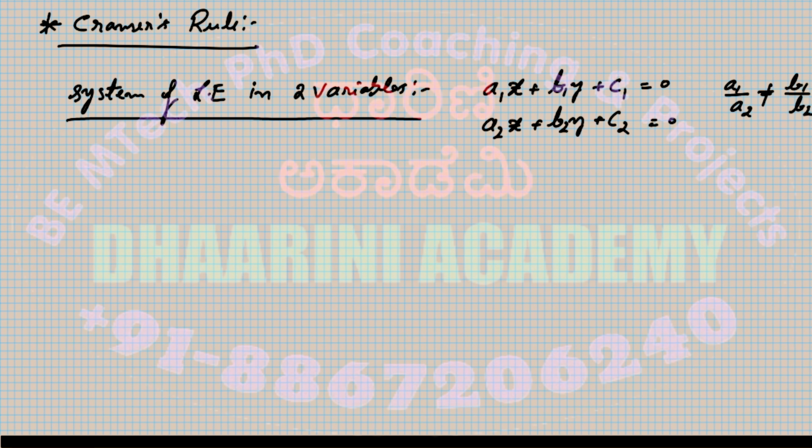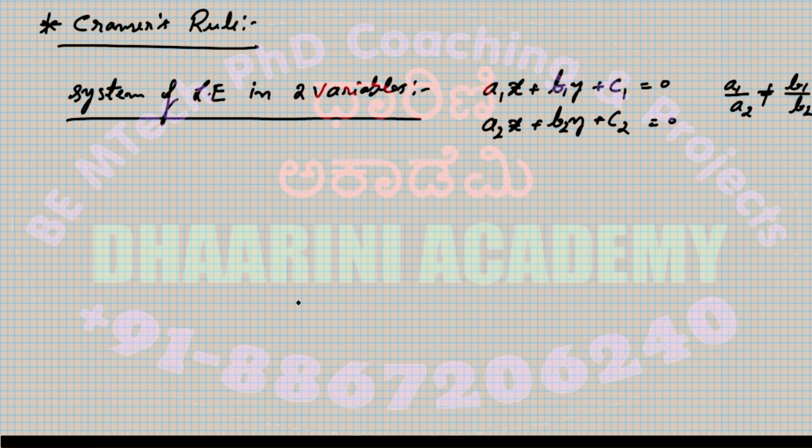Depending on that, the system becomes inconsistent or the equations become dependent, one depending on another. That's why we avoid these conditions. The ratio a1 by a2 should not be the same as b1 divided by b2. That's what we study in linear equations.